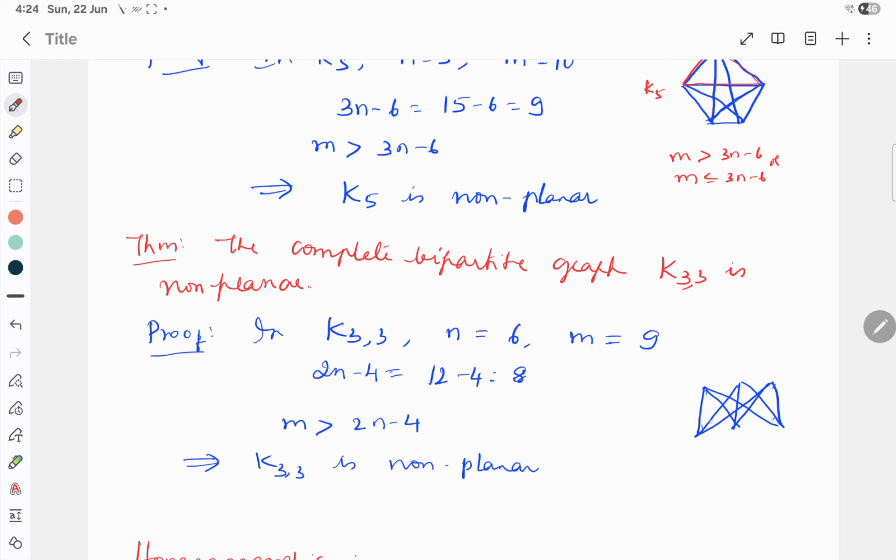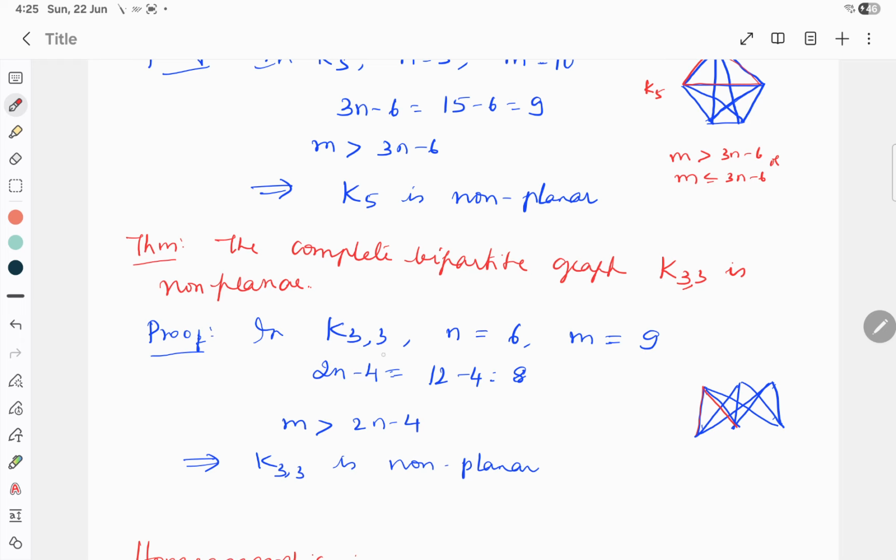So here again let us consider this K3,3. You can see that there is no triangle here. You have two edges of a triangle, but the third edge is not there. So this is a graph with no cycle of length 3.